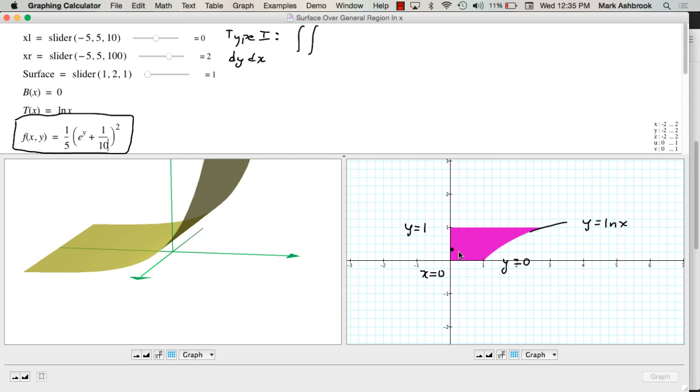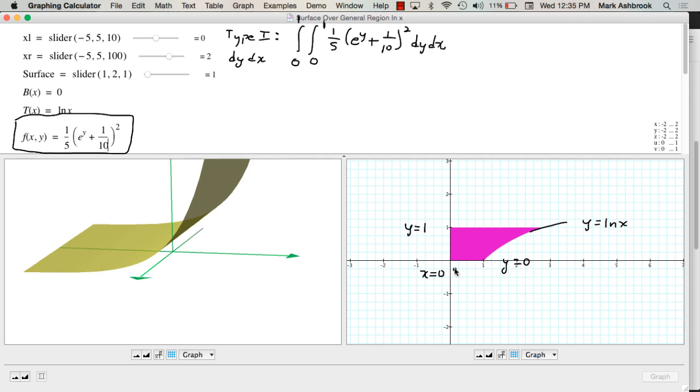So the bottom is 0, and the top is 1, when x also goes from 0 to 1, right? And that's for our function 1/5 e to the y plus 1/10 squared. And that was dy dx.